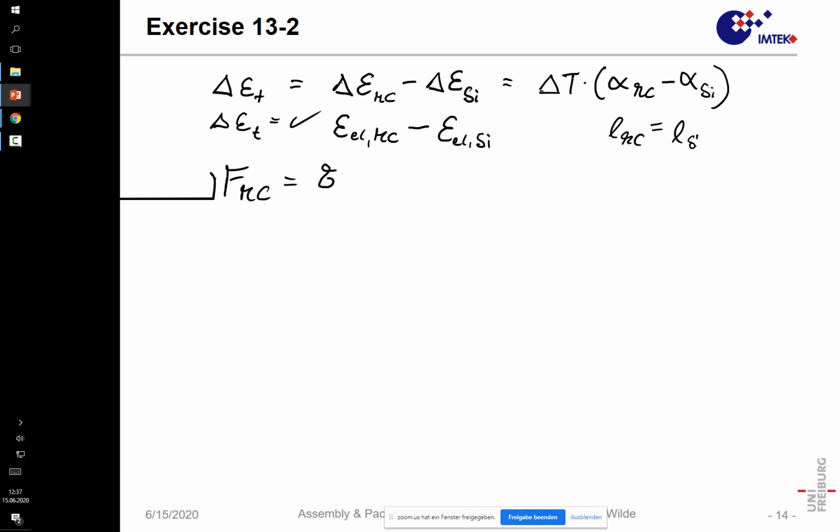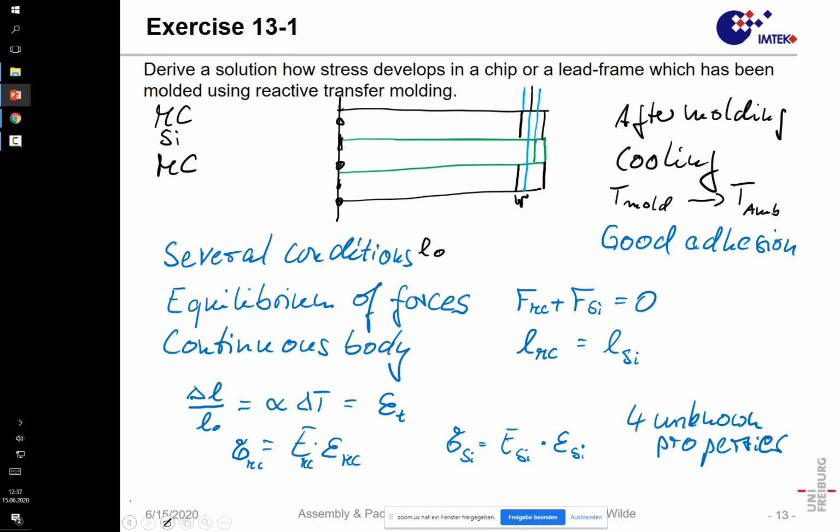It is the stress in the molding compound times the area of the molding compound. And the area of the molding compound is the thickness of the molding compound multiplied with the width.